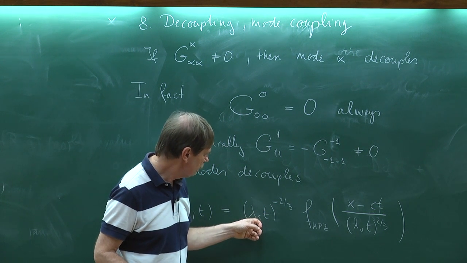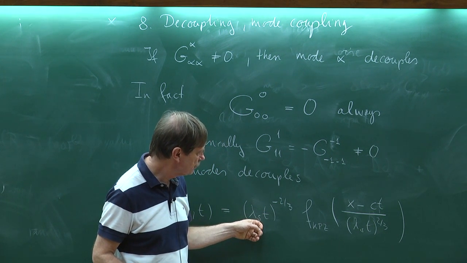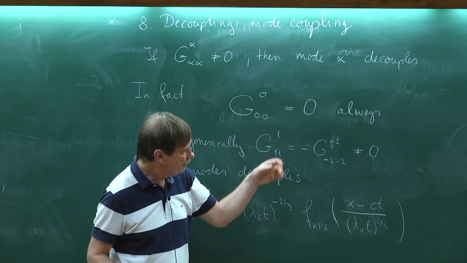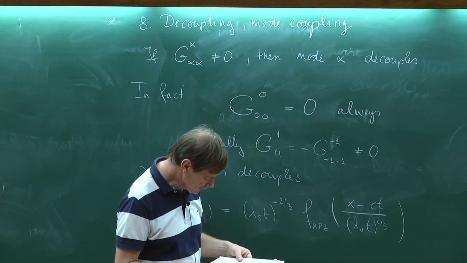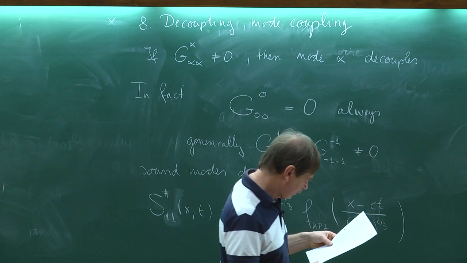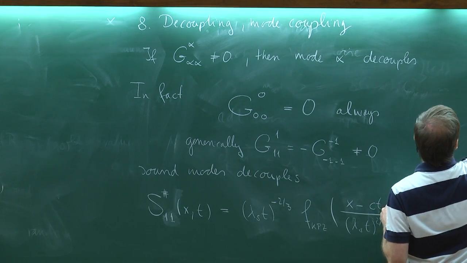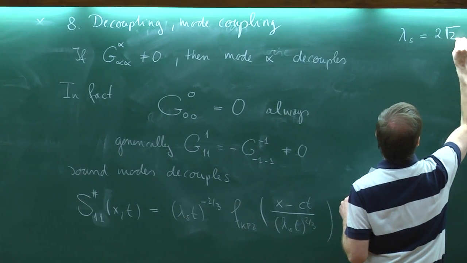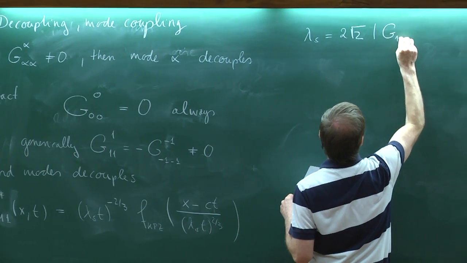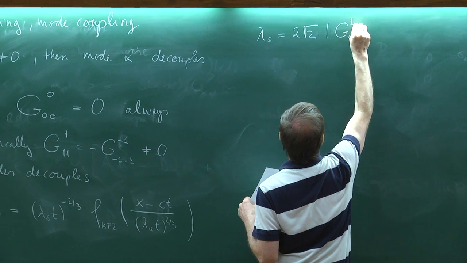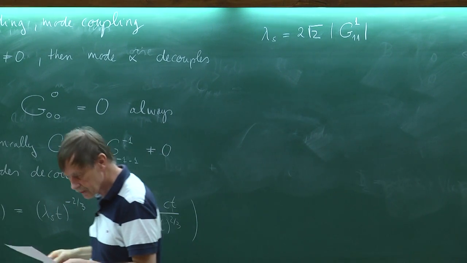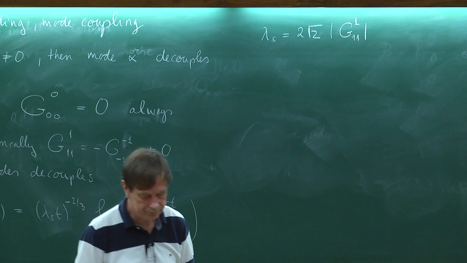And there's a non-universal coefficient. It's only that coefficient which still depends on the particular model which I'm looking at. But the lambda s is actually known also because it's particularly simple. In this case, the lambda s, this coefficient, is nothing else but 2 times square root of 2 times G11. Okay. All right, so this was the easy case, right?